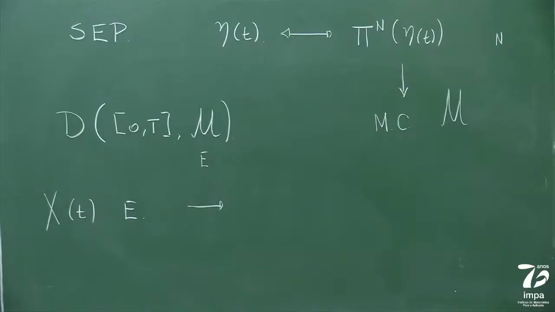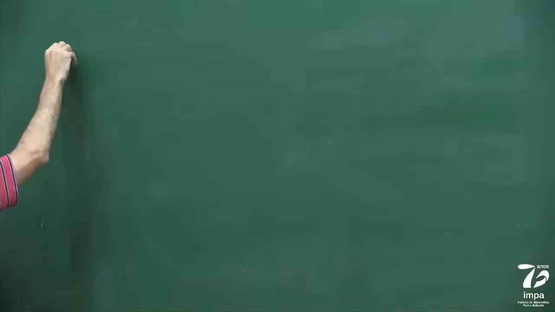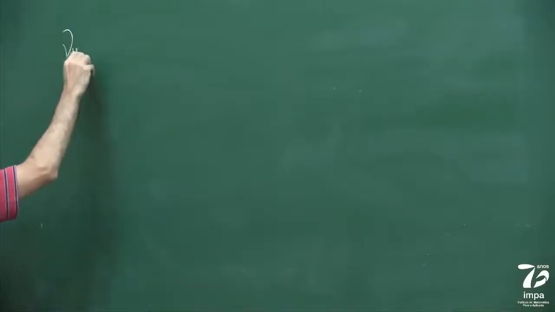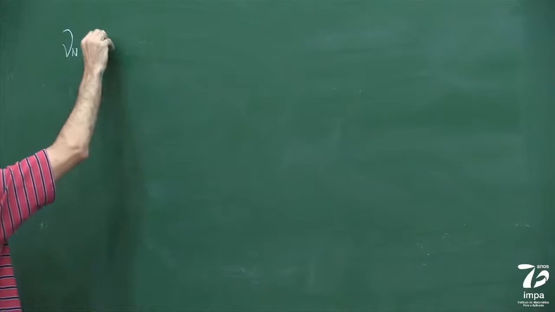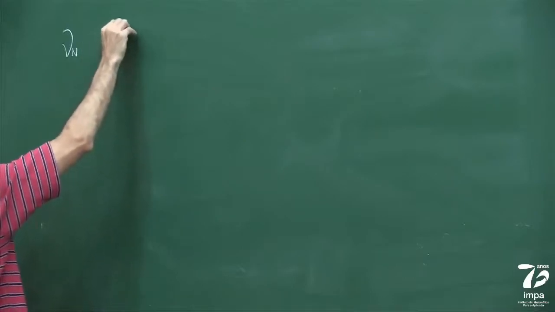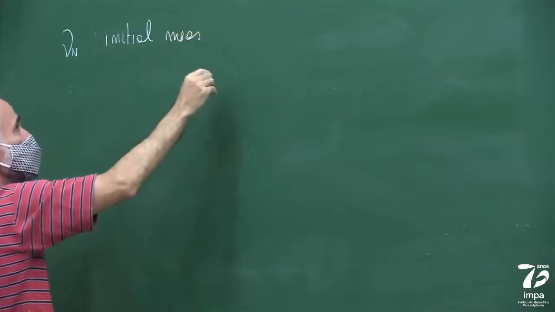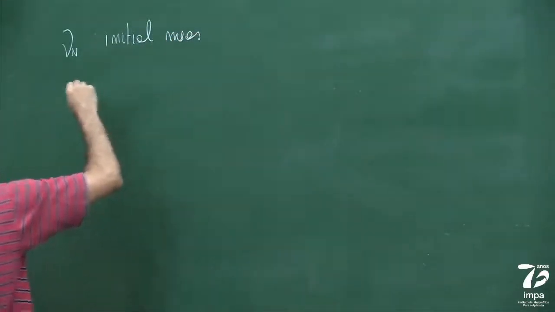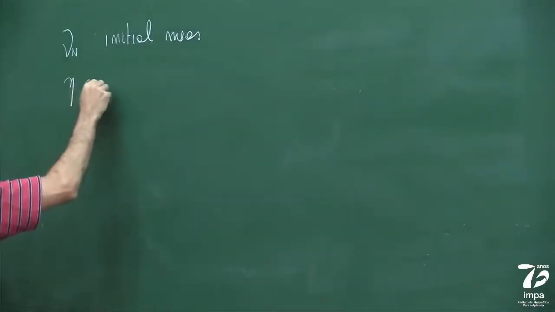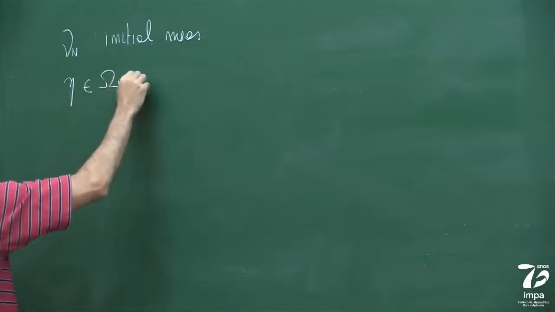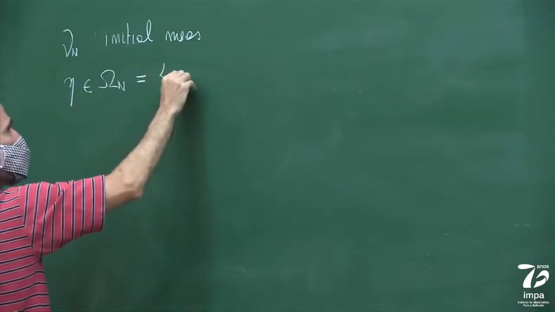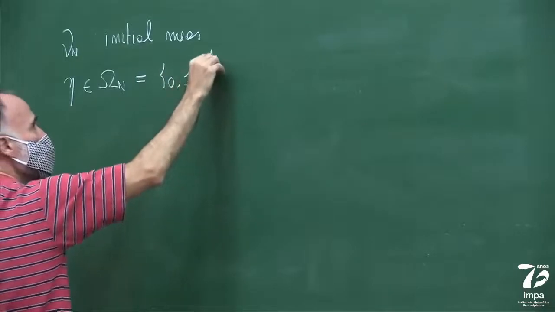So let me represent by nu n the initial measure of my process. So eta belongs to omega n, which is 0, 1 to the power lambda n.